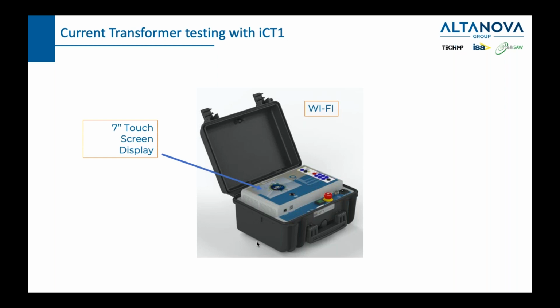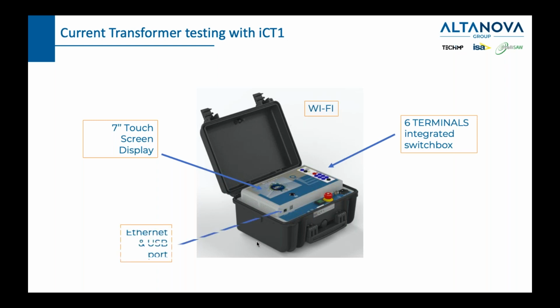We have a 7-inch touchscreen display, which is used as an interface between you and the device. Wi-Fi will be used to transfer data, or of course you can use the software if you want to be further away. Also, as we mentioned before, we have a 6 terminals integrated switch box, and if you don't want to use Wi-Fi, we have Ethernet and a USB port.